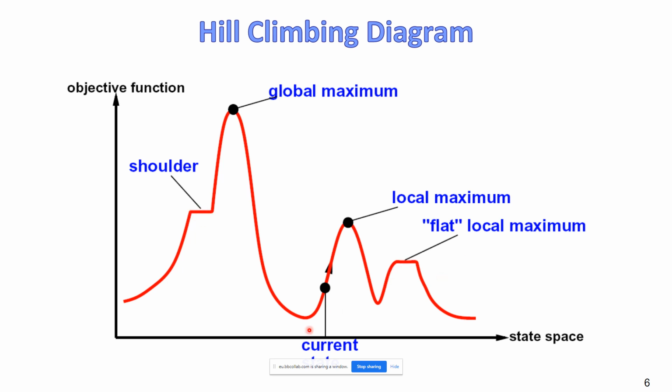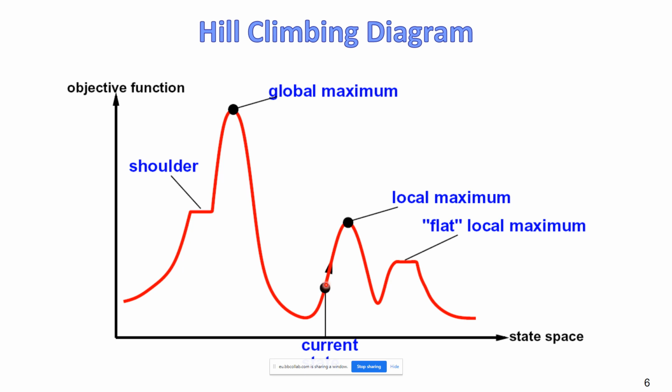Now, if we start from that state, let's assume that this is the current state. Where should we go? Based on the hill climbing algorithm, we should go to the state that is best for us now. What is the state that is the best for us? The state that has the best value for the objective function.